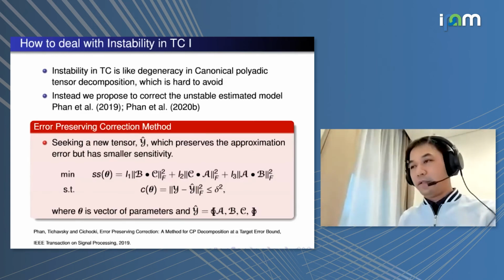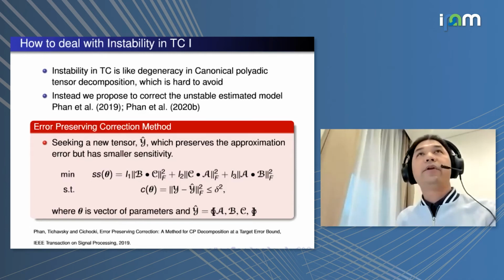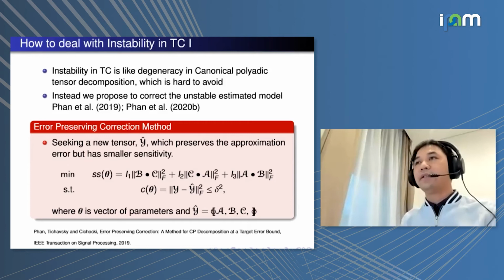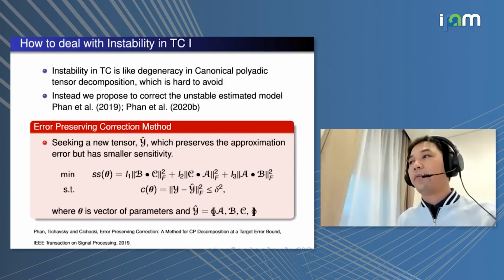Then the main slide shows how we can deal with the instability in tensor chains. Similar to the canonical polyadic tensor decomposition, where we have degeneracy that is impossible to avoid in CP decomposition, for the tensor chain it is also similar.